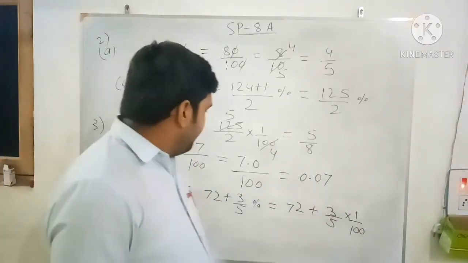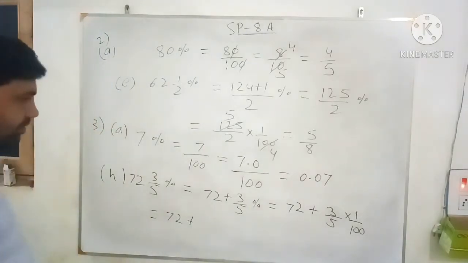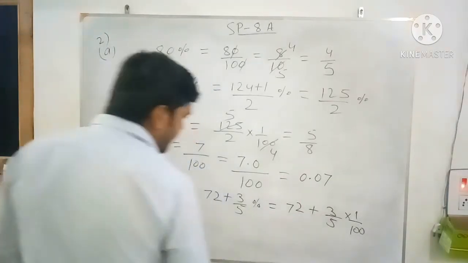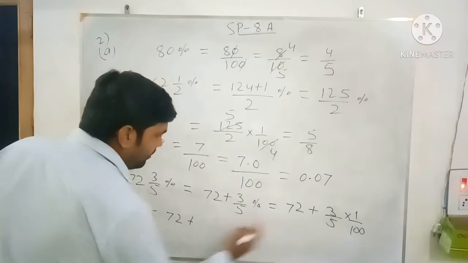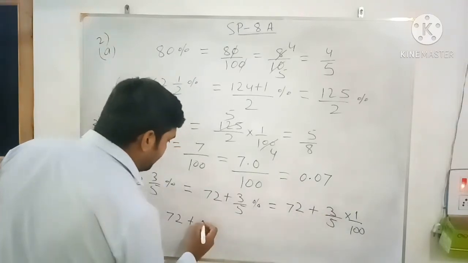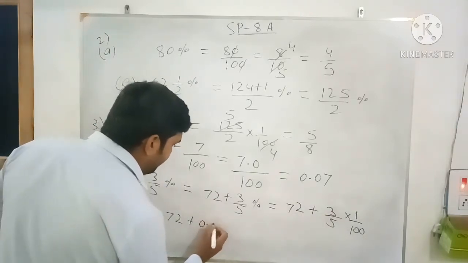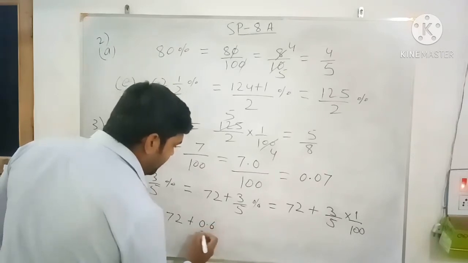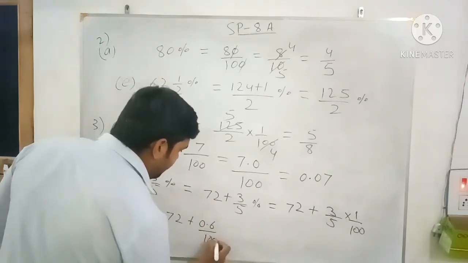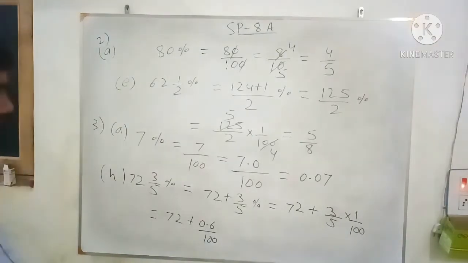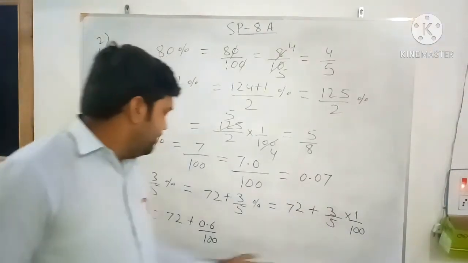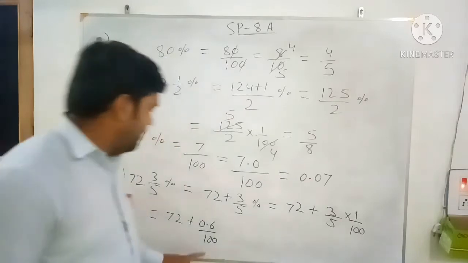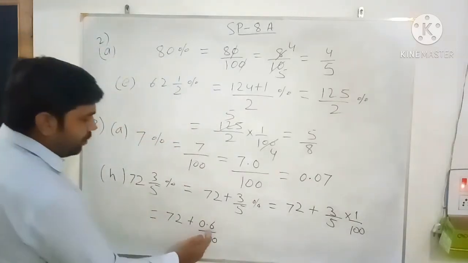So this 3 by 5 we can also write in the decimal form. When you divide this 3 by 5, what will you get? 5 6s are 30, so 0.6 you can write. 0.6 divided by 100. So we can write 3 by 5 as 0.6 and 1 by 100 is divided by 100. Now the decimal will shift 2 places left.